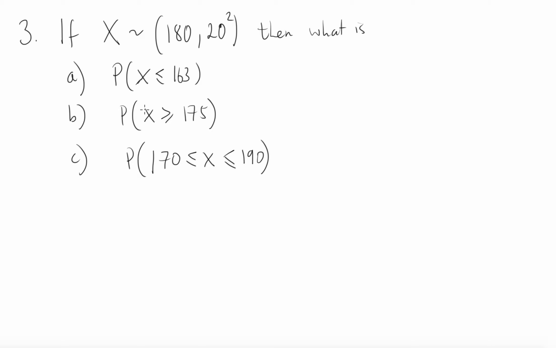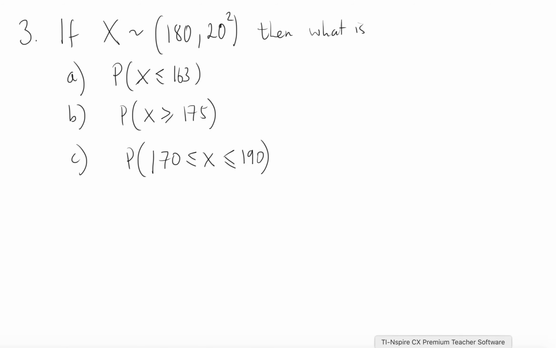What's the probability of randomly selecting something from the sample with a value of greater than 175, or what's the probability of randomly selecting something from our sample with a value of x between 170 and 190? Now you'll only need to use technology to solve this in math applications.